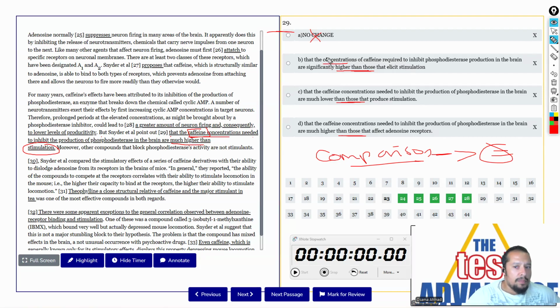Now what are we comparing here? Concentrations to those, which is concentrations. I like this. Answer C: the caffeine concentrations are much lower than those that produce stimulation.